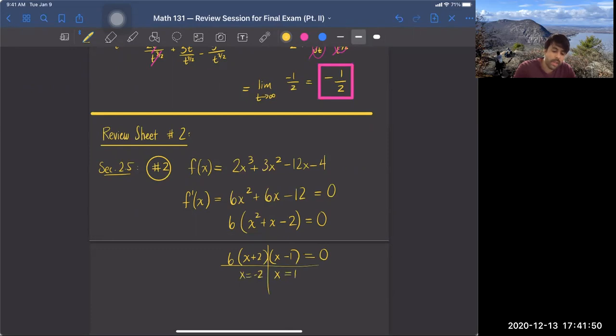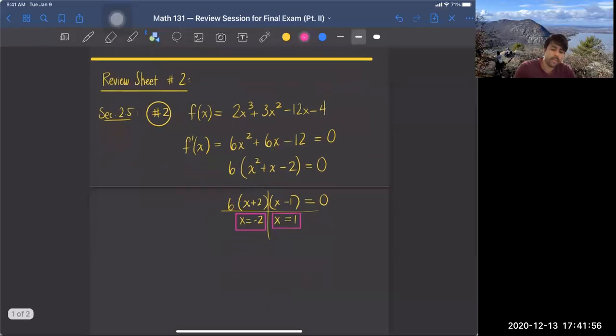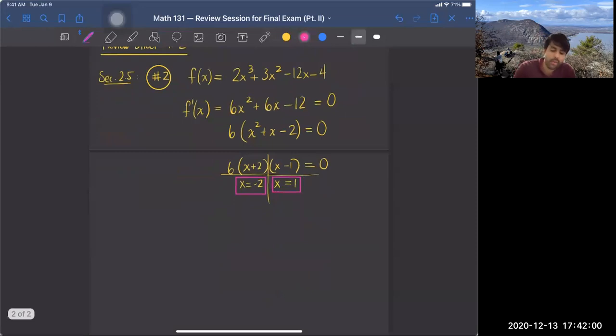These are my critical numbers, because I just set the derivative equal to 0 and solved it. These are the numbers where my derivative is 0, meaning the slope of the tangent line is 0, which indicates that the line is horizontal, which indicates that it may be a max or a min.